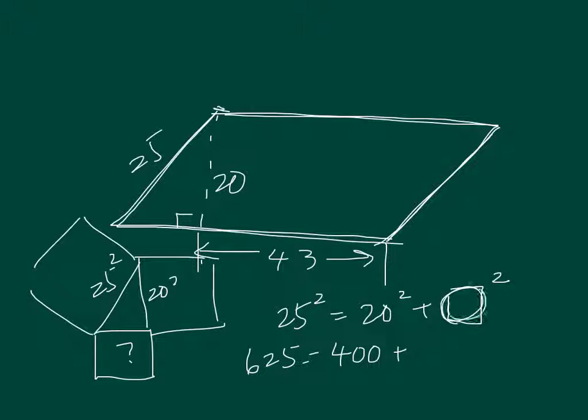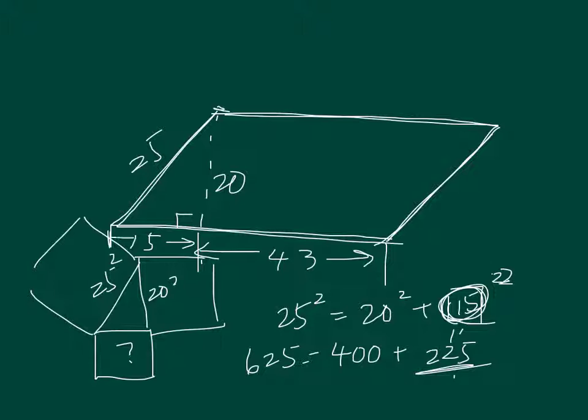Therefore, the number that goes in should be 225, but that's the number squared. So what number squared equals 225? The answer is 15, right? Because 15 squared is 225. Therefore, the length from here to here is 15.